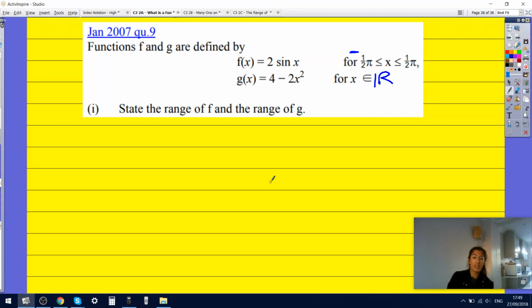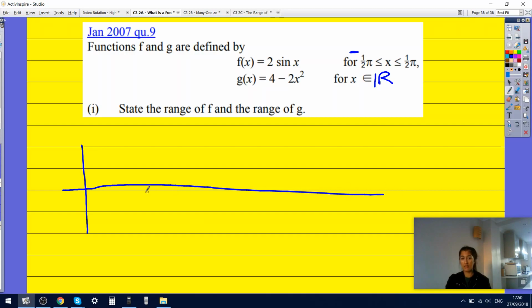No, I'll do that. Because it's just that there's so many. Think of the sine graph. Okay, what's the range of y equals sine x? What are the possible y values?